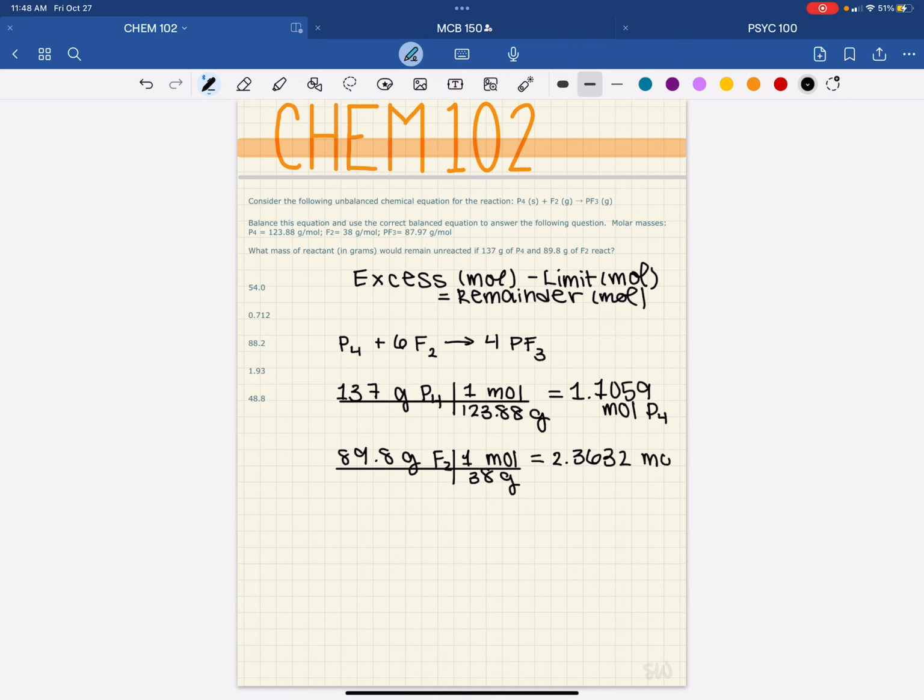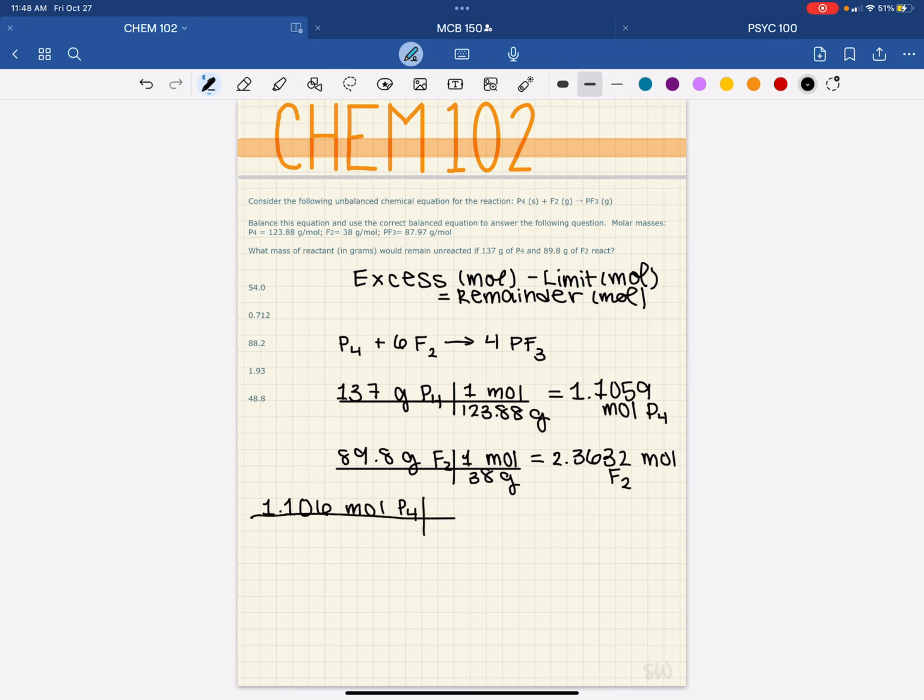moles of F2. So the next thing I'm going to do is convert both of them to products, which in this case is PF3. So I have 1.106 moles of P4.